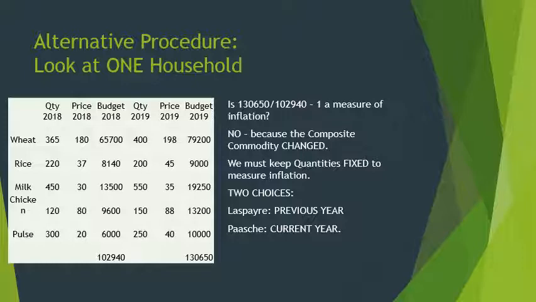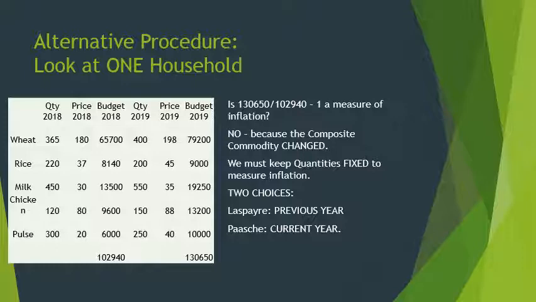Instead of looking at the nation as a whole, we can just look at one household. And so this is some illustrative data, artificial data. Suppose that in one household, the quantity purchased of wheat was 365, 220 for rice, 450 for milk, 120 liters for chicken, and 300 kilograms of pulse or dal. So this is the quantity in 2018, and the prices in 2018 are listed in the next column.